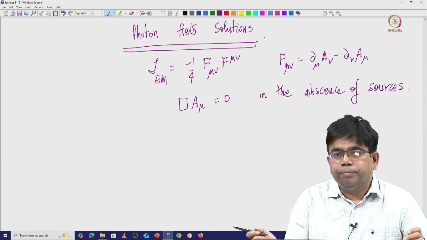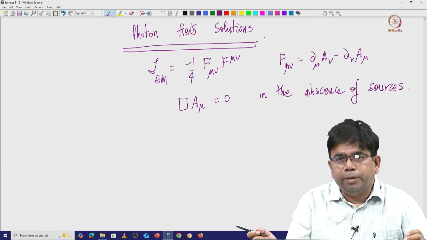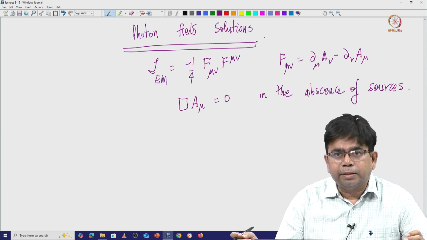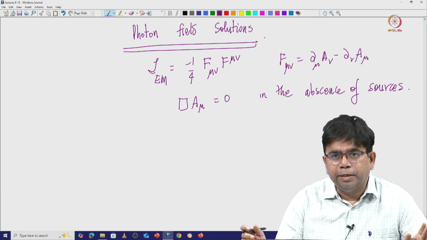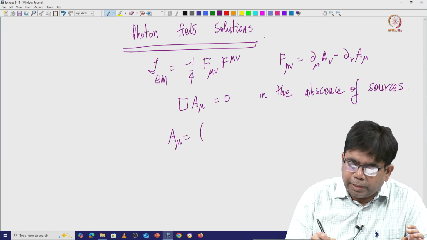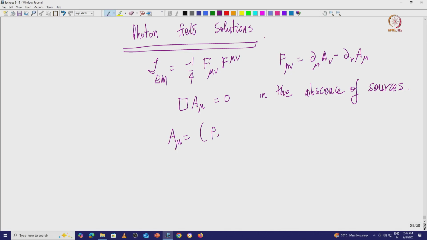Now if you want to make them into particles, you have solutions. You can take A vector equal to 0, and A 0 is the scalar potential. A mu, if you remember, is nothing but phi, the electromagnetic potential, and A vector, the vector potential. So this is the static potential, the electromagnetic potential.